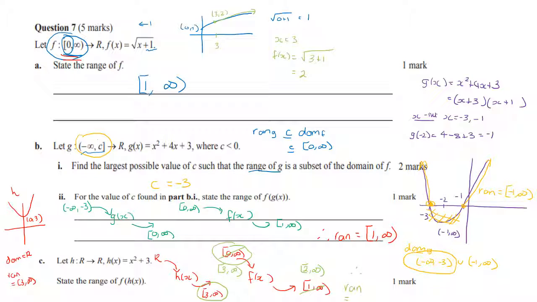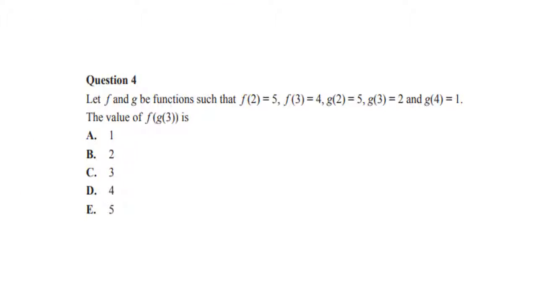So therefore the range in this case is going to be 2 to infinity. Remember, to know the domain and range of the composite functions, we need the two inside parts of our flowchart to be equal.